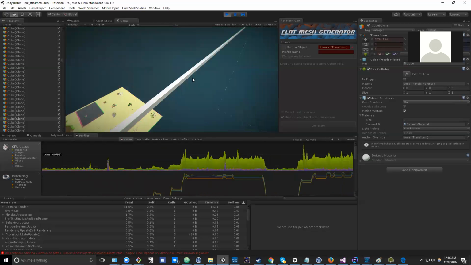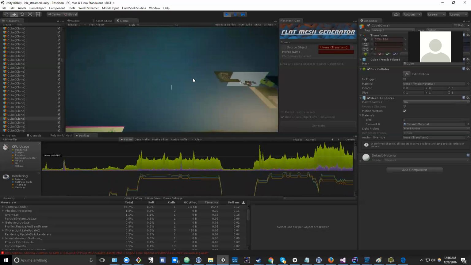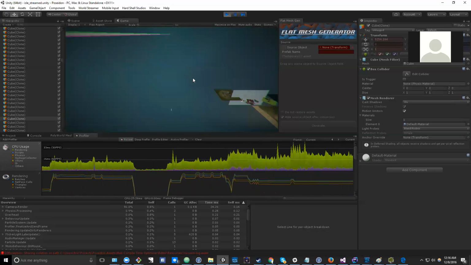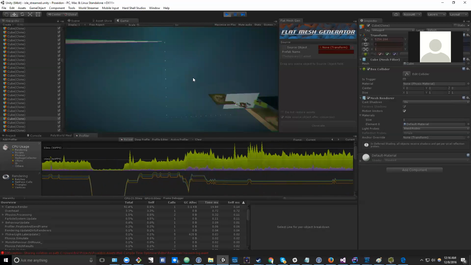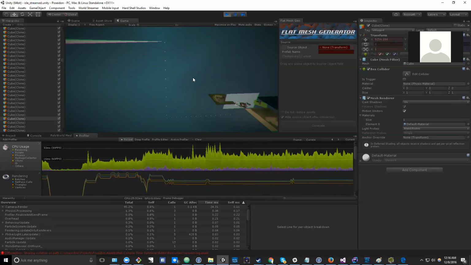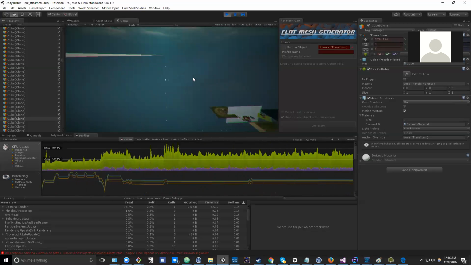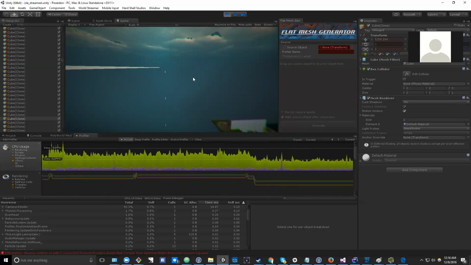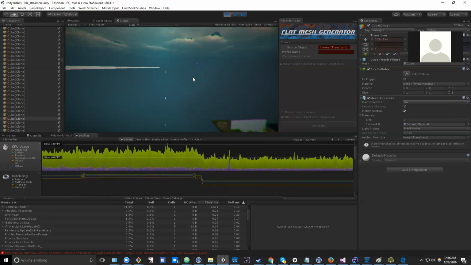Awesome. So let's put 12,000 game objects. If we were to fill in this entire cube, that would be something around 125 billion game objects, which is not going to work.